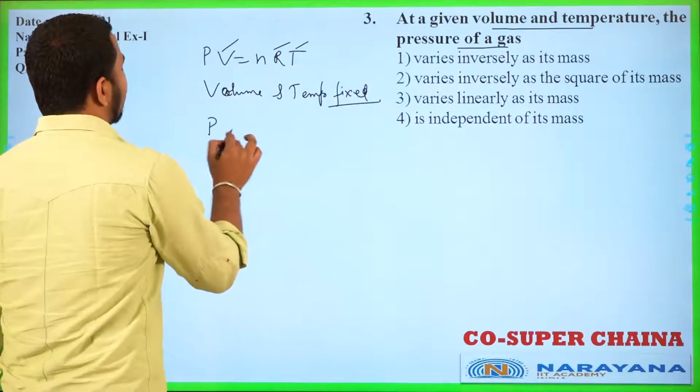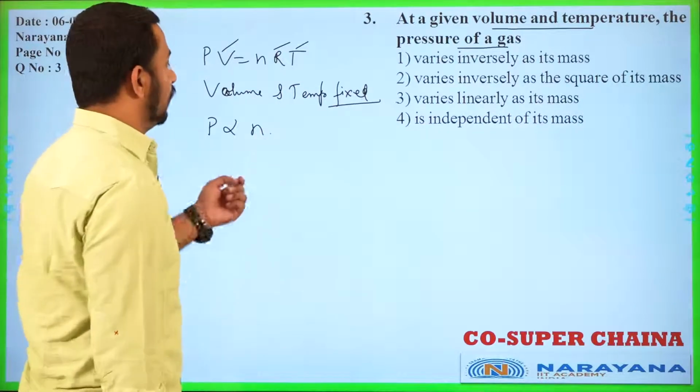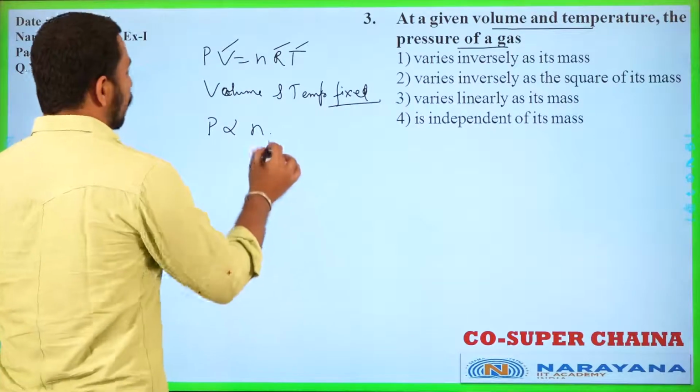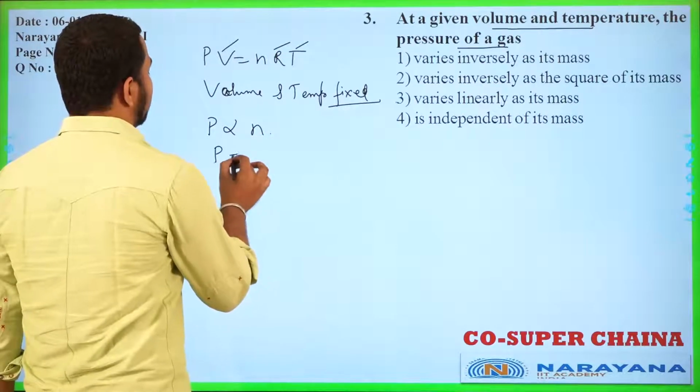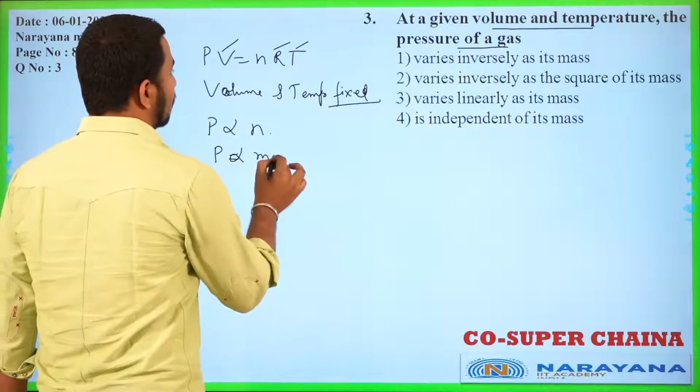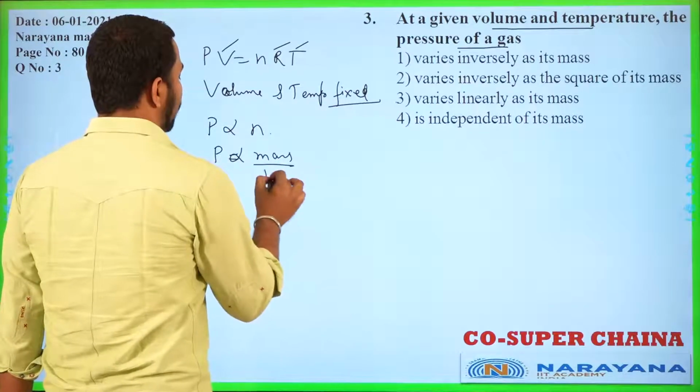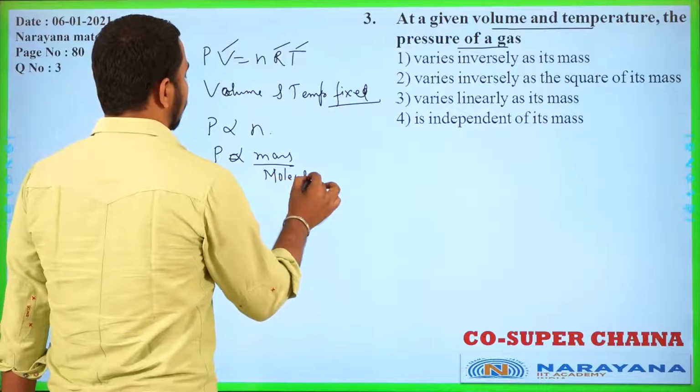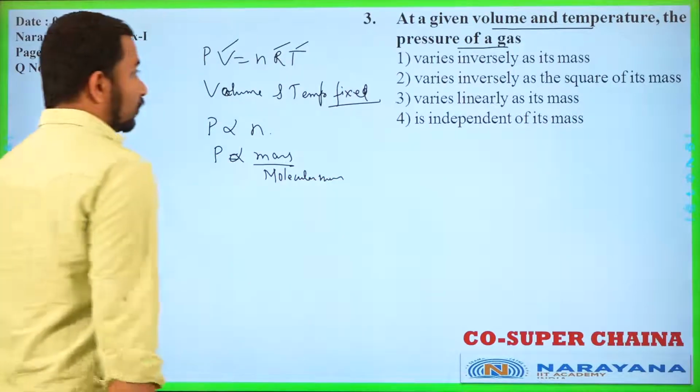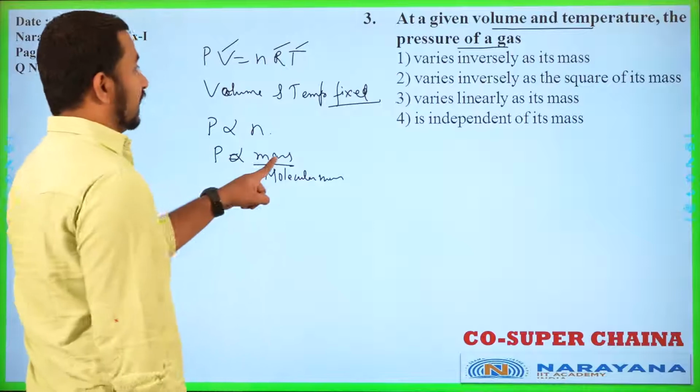So P will be directly proportional to n, that is, the number of moles. Now this means that P is directly proportional to mass by molecular mass. So it means that P varies directly with M.